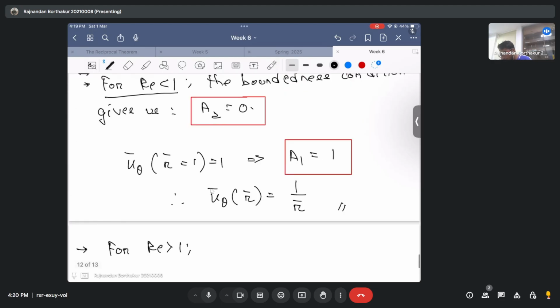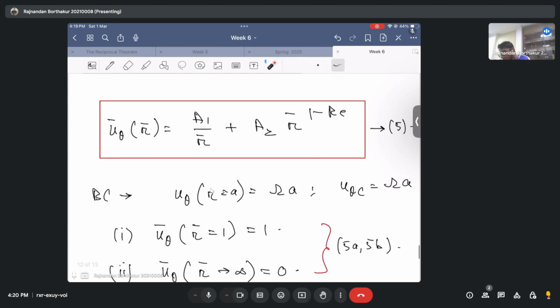So when my Reynolds number is strictly greater than 1, then 1 minus Reynolds number would be less than 0, which means that when r bar tends to infinity, this term will no longer blow up.